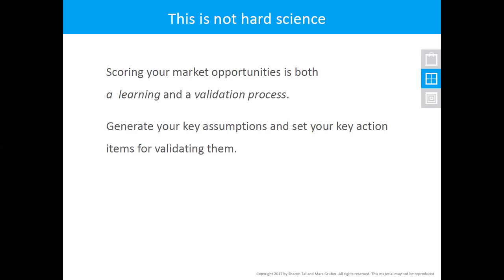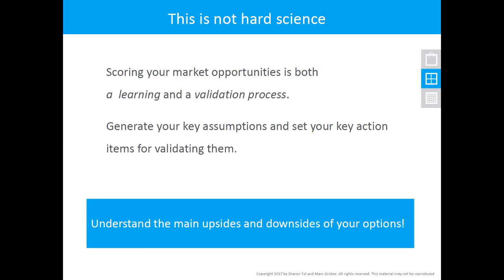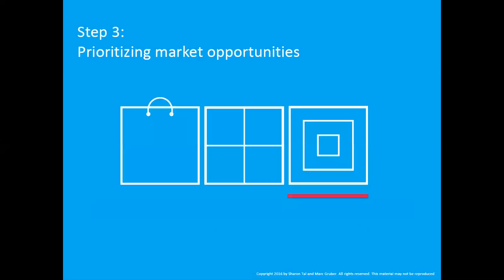The second thing to keep in mind is that the scoring in itself is great, but the most important thing is not the scoring, it is that you are able to understand the main upsides and downsides of your options. Once you've done this, you can use this understanding to prioritize market opportunities in a smart manner.